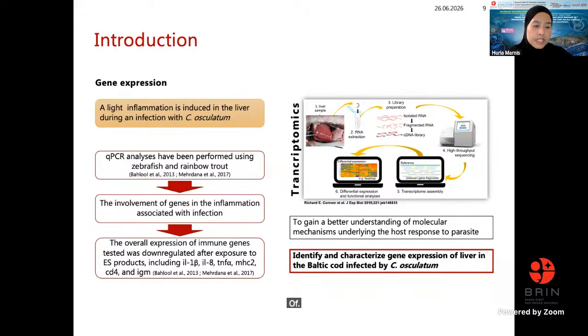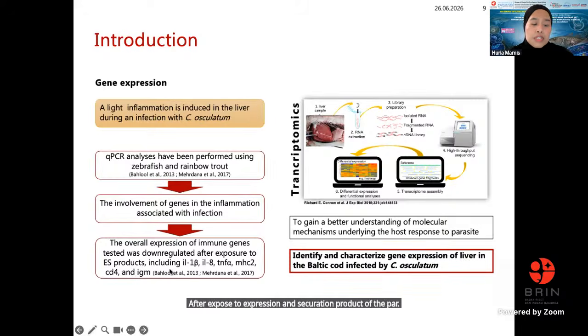The result showed that the overall expression of the immune genes was downregulated after exposure to the excretory and secretory products of the parasite, including interleukin 1 beta, interleukin 10, TNF alpha, MHC II, CD4, and IgM.